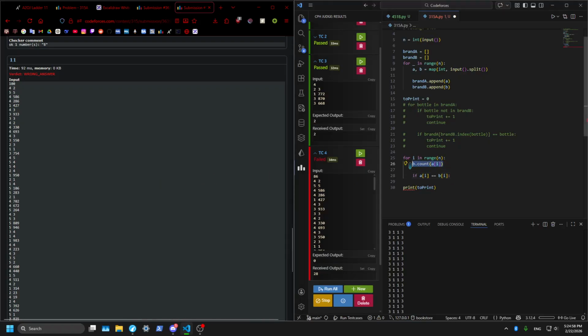Wait. Okay, this finds b.count of A[i], how many bottles in A. So brand A can open brand B. So this finds all the bottles that can open A[i]. And then this is going to return 1 or 0 for if A[i] opens itself.